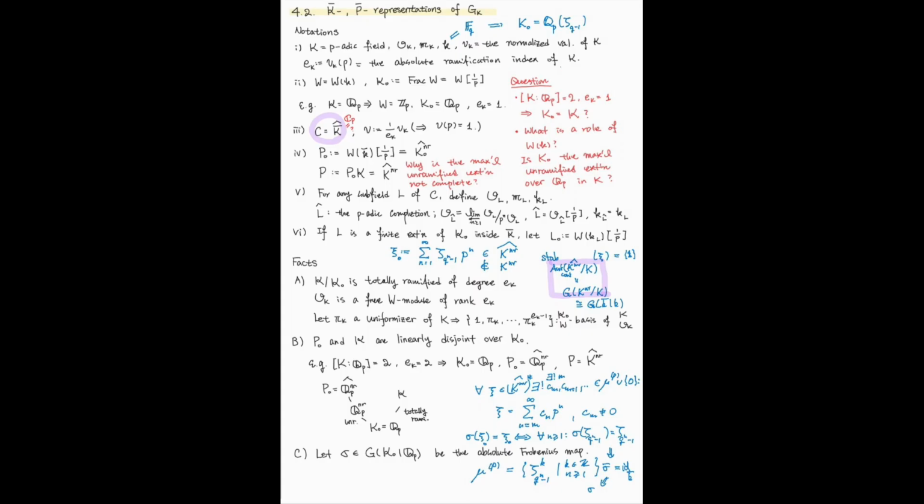Because if you apply such an automorphism, by continuity you just apply it to the coefficients. But the coefficients are roots of unity, so the action on any coefficient is by sending the root of unity to some other root of unity.